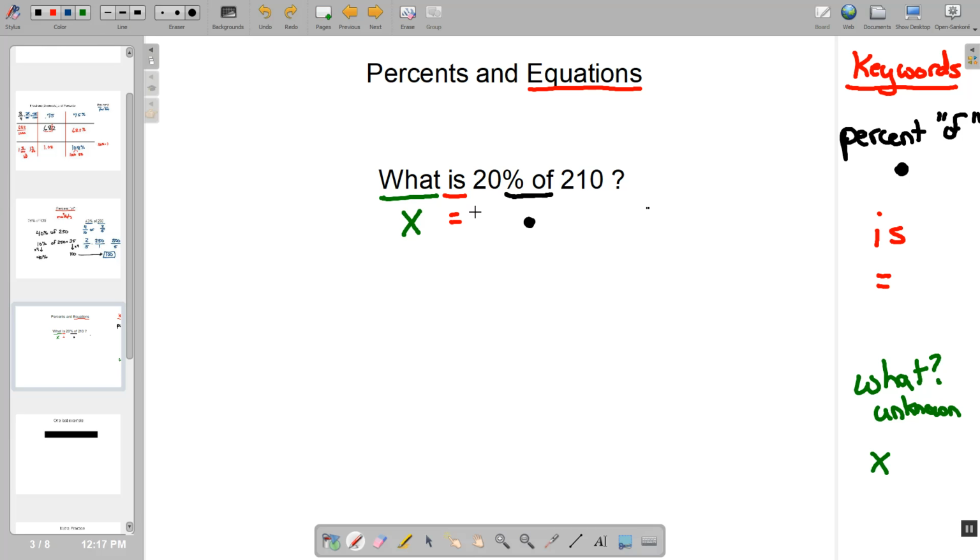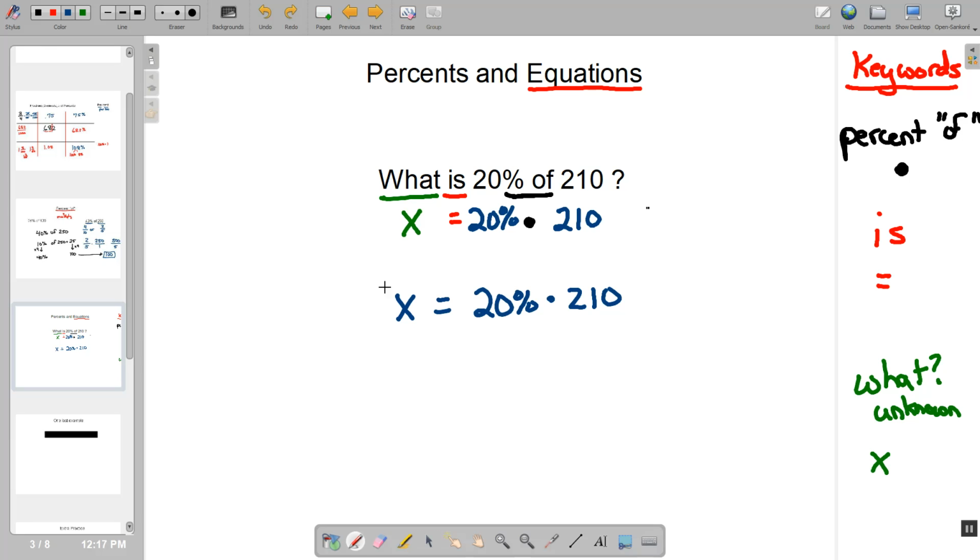So I move 20% down, and I move 210 down. Then I'm just going to rewrite my equation as x equals 20% of 210. And now we just have a one-step equation.